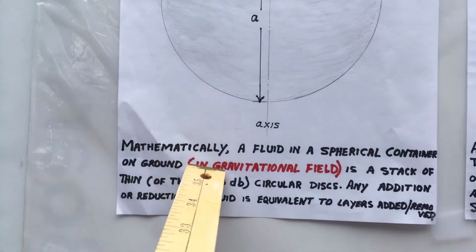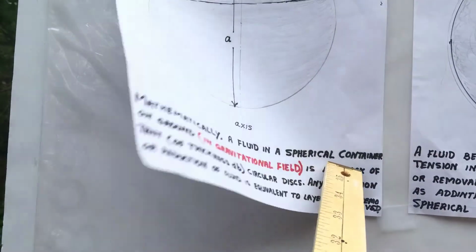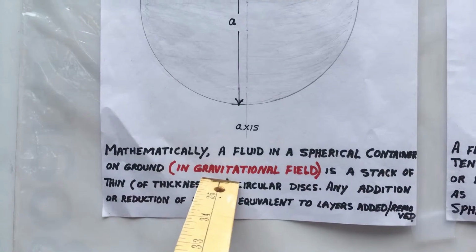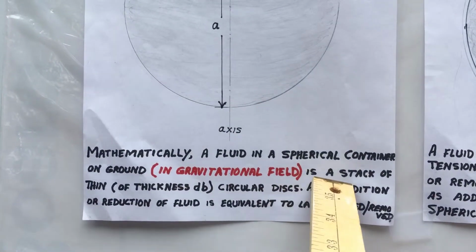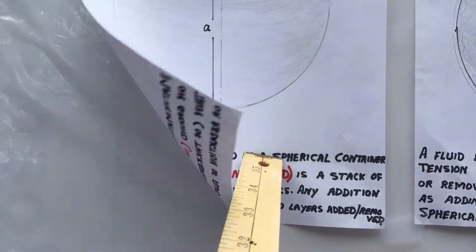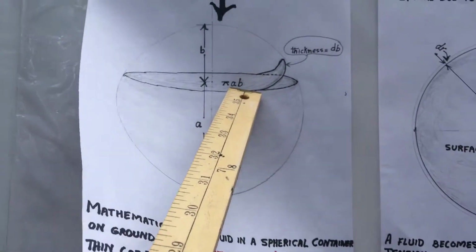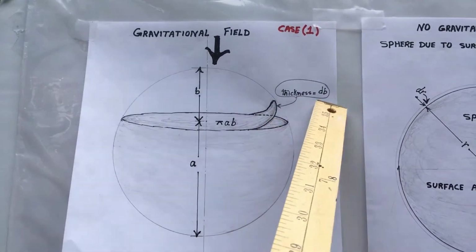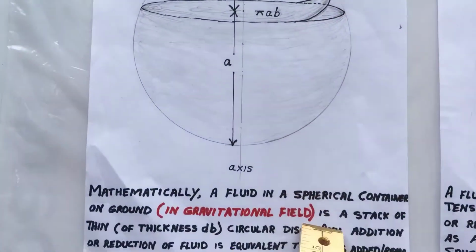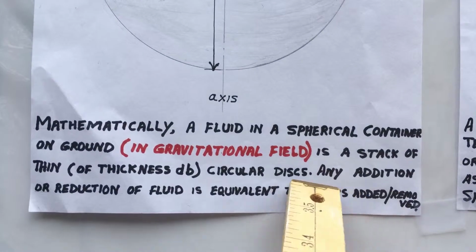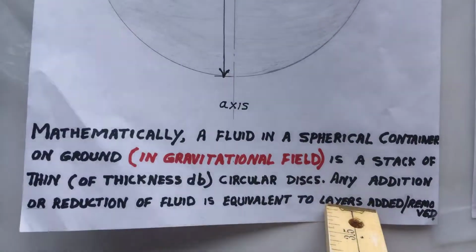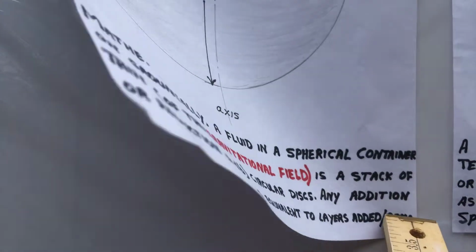Mathematically, a fluid in a spherical container on the ground, that is in a gravitational field, is a stack of thin circular disks. So, this is a thin circular disk. The thickness of this disk is dB, and any addition or reduction of fluid is equivalent to layers added or removed.